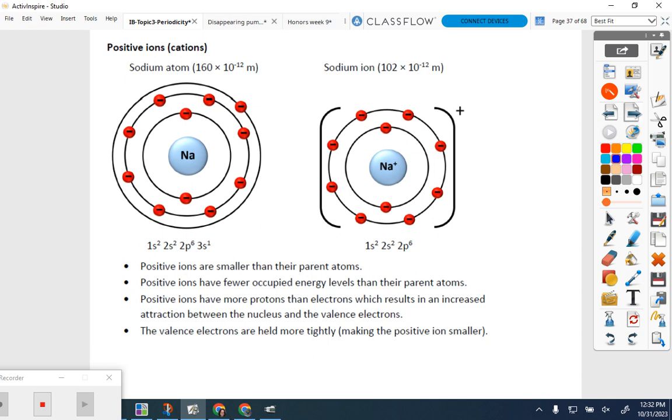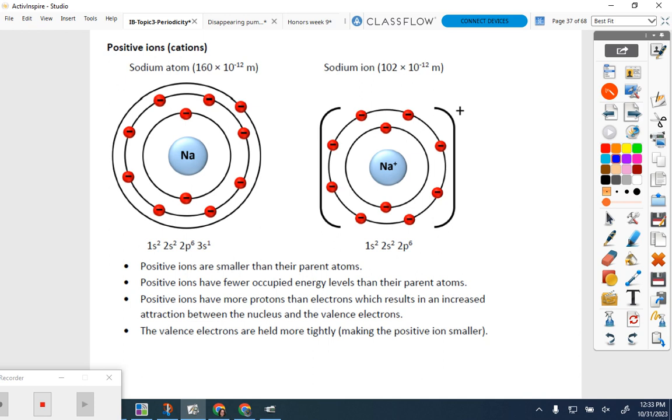Even though that 1 electron is only ever going to be in one place at a time, the probability cloud is significantly bigger when we have that electron in the third energy level than when we lose that electron and only have the 2 energy levels left. These are now the valence electrons, and they're pulled in pretty tightly because there's 1 less level of shielding between them and the nucleus than there was when we had that 1 valence electron in the 3rd energy level.